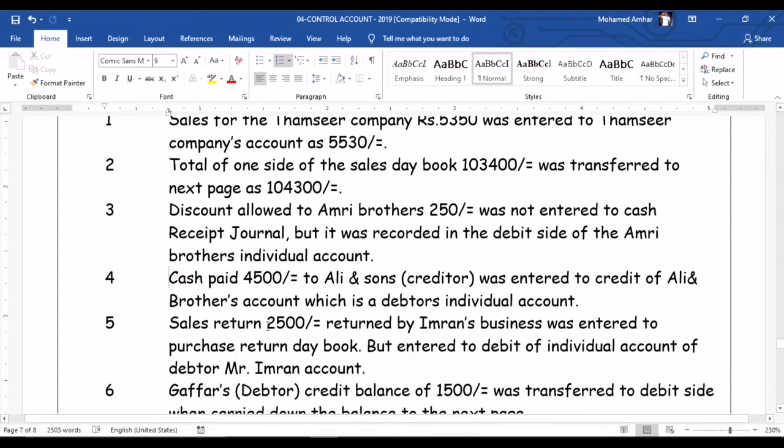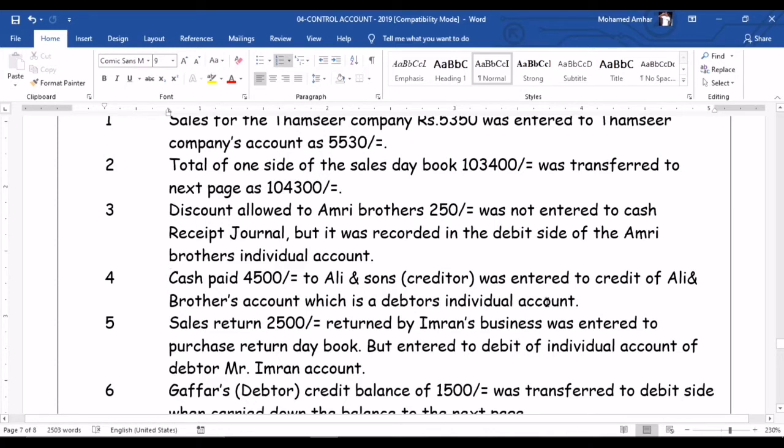The fourth one: cash paid 4,500 to Ali and Sons. Ali and Sons is a creditor. So cash paid to the creditor was entered to the credit of Ali and Brothers account, which is a debtor's individual account.